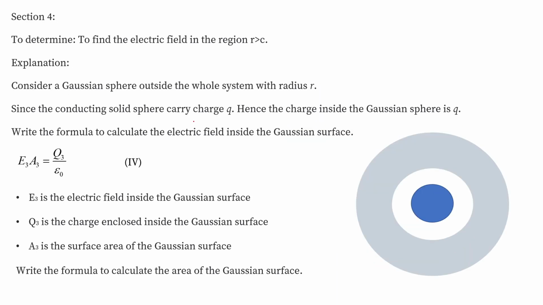Now let's move forward. Here we have to calculate the electric field for the portion where r is greater than c. So effectively we have already studied that there would be a plus Q collected charge all over this surface. So here we can say that there's some amount of charge enclosed if we are outside the sphere, inside our Gaussian surface.